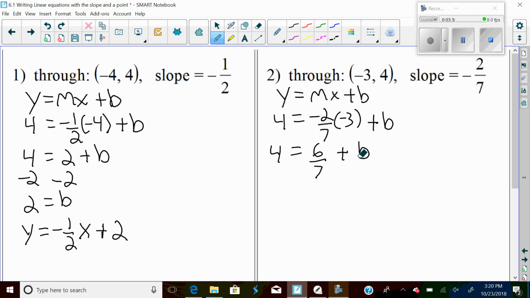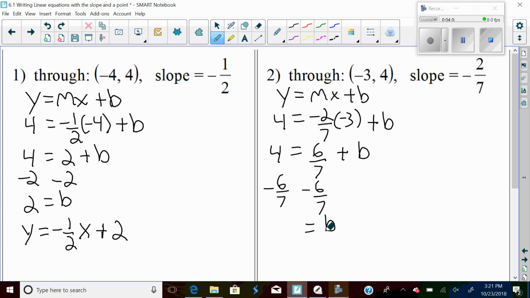All right, so just like we did in number 1, we're going to subtract the 6/7 on both sides. We're going to do 4 minus 6/7. This 6/7 cancels out, and that's going to leave us with just b right here. You can work this out to the side and do 4/1 minus 6/7 to find a common denominator.